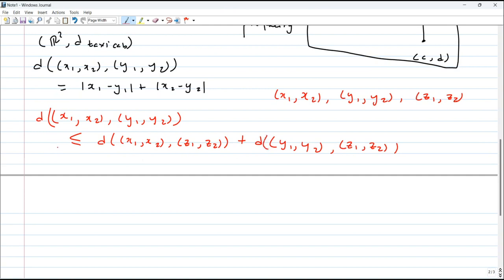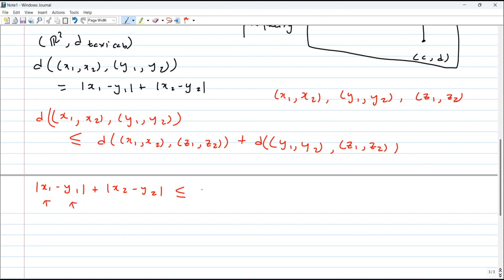Now, this we can just do, let's see how it goes. Where d means the taxi cab distance. So the left-hand side is the sum of the differences between the components, absolute values, |x1 minus y1| plus |x2 minus y2|. And we want to show it's less than or equal to the distance on the right-hand side. Well, just because we know the triangle inequality holds for absolute values, because these are just real numbers, we can just bring z's in.